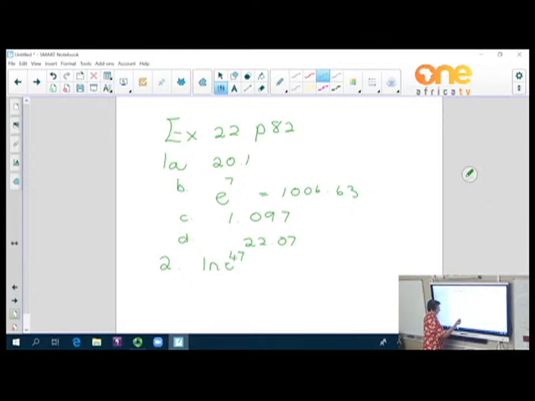Now, remember what we said, ln and e are opposite operations. So ln e is 1. That's why your answer is going to be 47. And the next one is ln e, ln e. Look at that one. So again, it's going to cancel out. ln e is 1, ln e is 1, so the answer is 1.